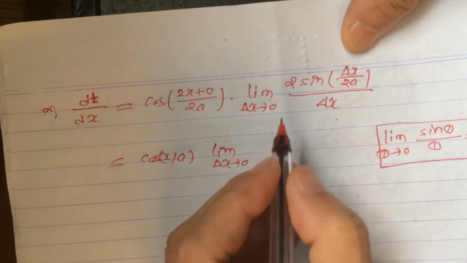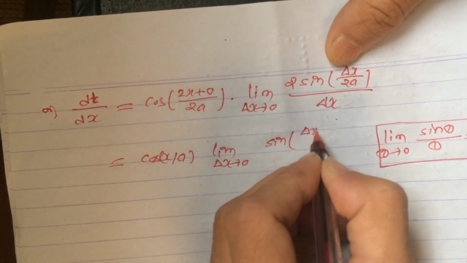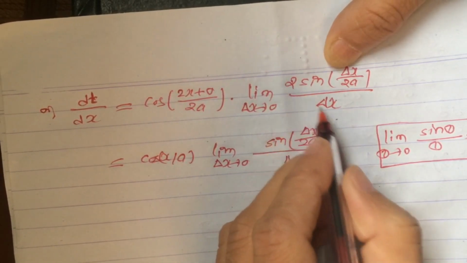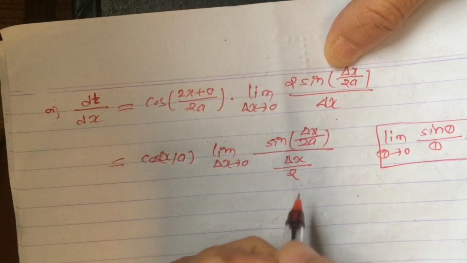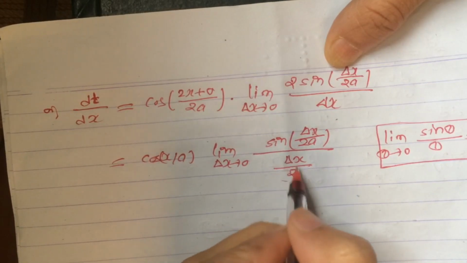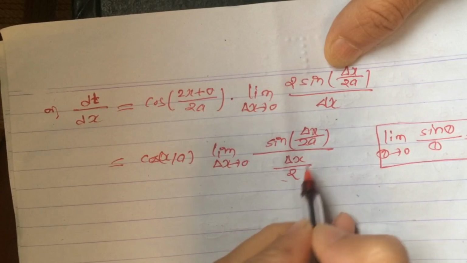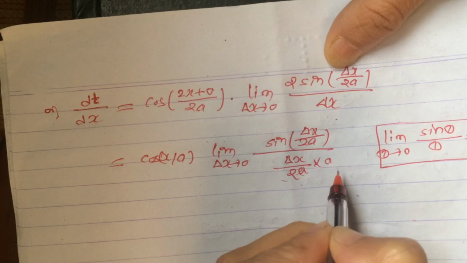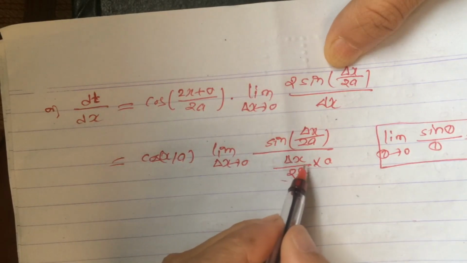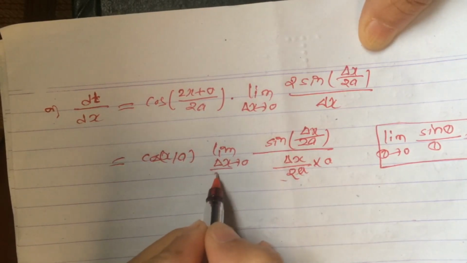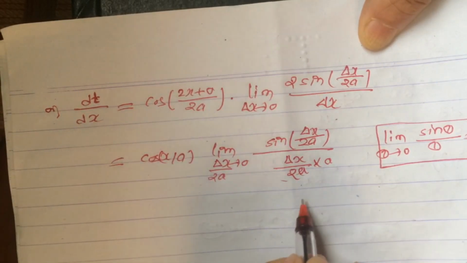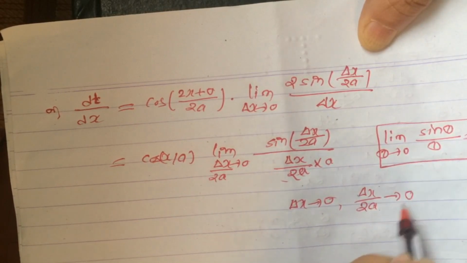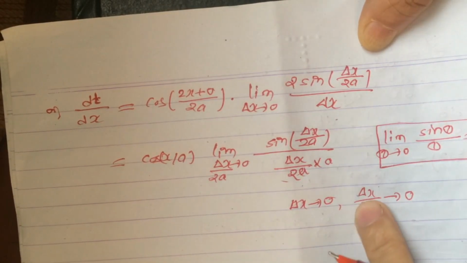For that, sine del x by 2a is in the numerator, and in the denominator we take this 2 like this, and we add an a here to cancel this a. Similarly, del x divided by 2a we make del x divided by a, because as del x tends to 0, del x divided by a also tends to 0.